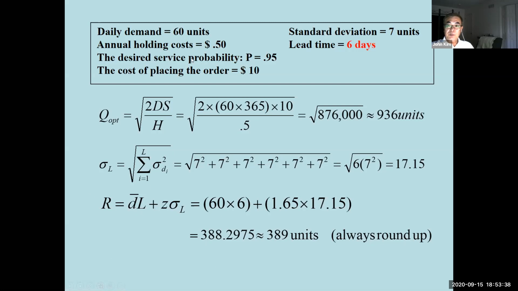And then daily demand is given, 60 times 6 lead time, plus z-score 1.65 times 17.15 standard deviation during lead time. So approximately 389 units. So the inventory level drops and hits 389, then place an order, and so on. Place an order this many.